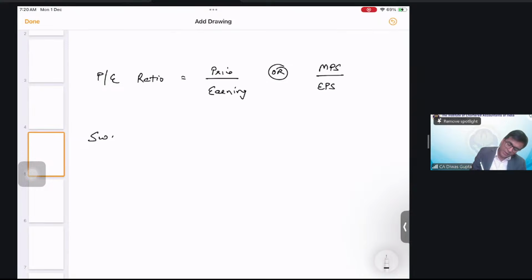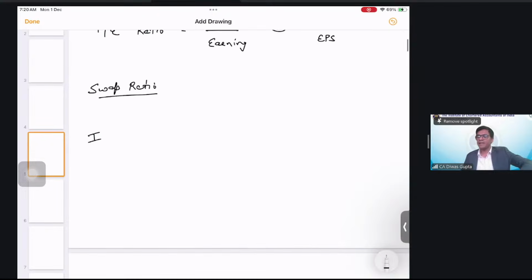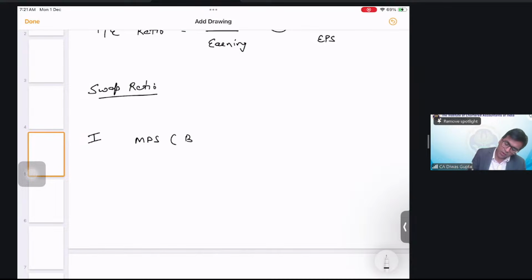Now, students, how to calculate swap ratio? Okay. Now, swap ratio can be basis different parameters. The question will almost specify that using which parameter you have to calculate the swap ratio. So, we'll have to do that. The first one, basis market price, it will be market price per share of B Limited divided by market price per share of A Limited.